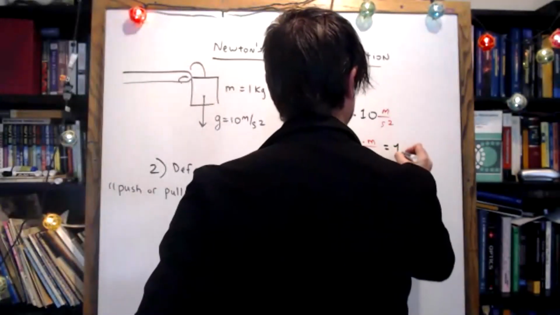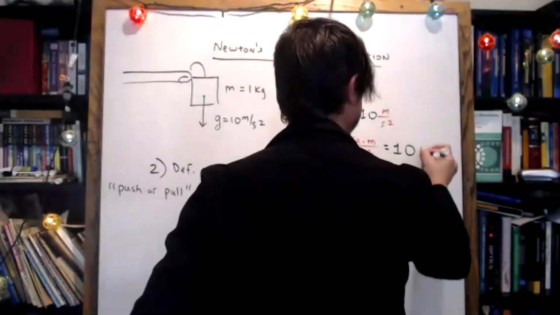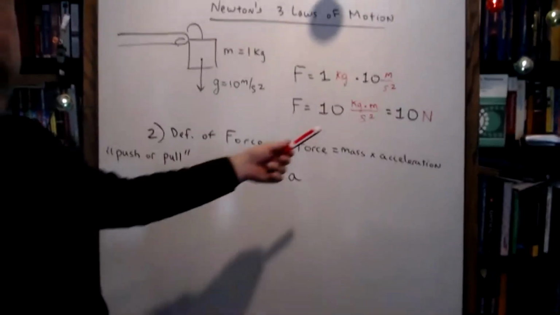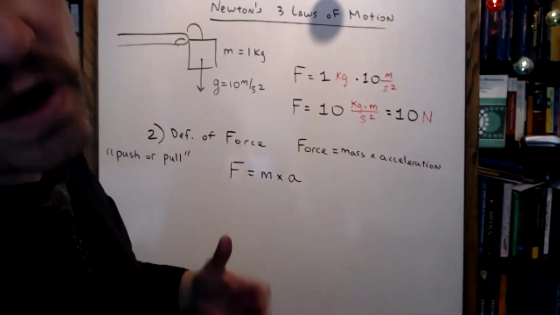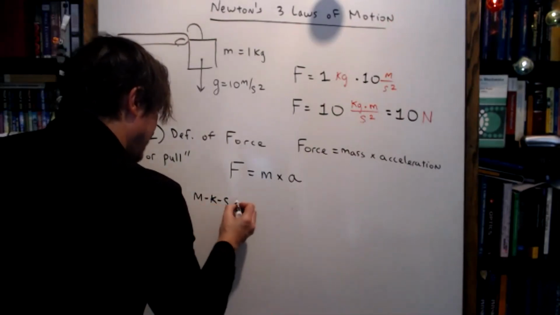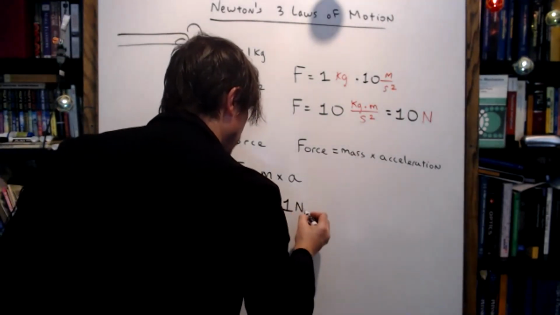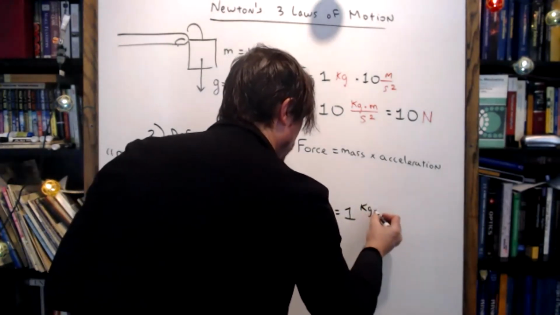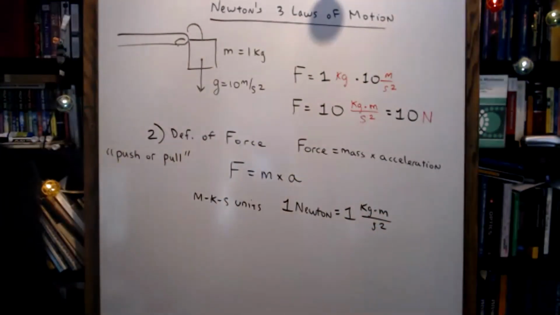Henceforth, this unit will be known as 10 newtons of force, or 10 capital N. And because newtons are kilogram meters per second squared, that means newtons are an MKS unit of force. So the MKS unit for force, 1 newton, is defined as 1 kilogram meter per second squared. Let's not forget that. That's important.